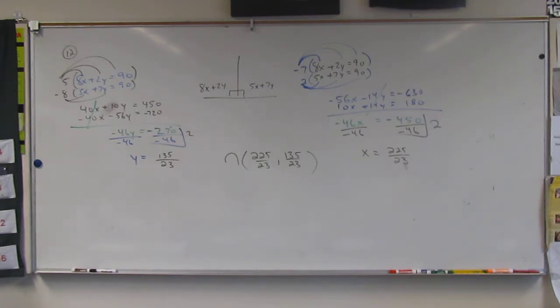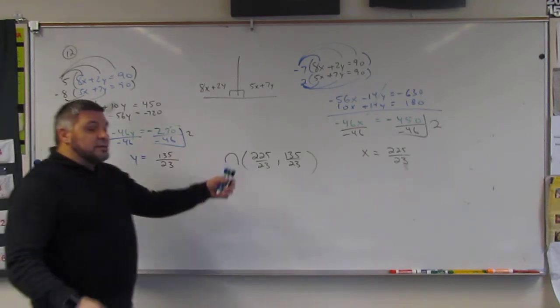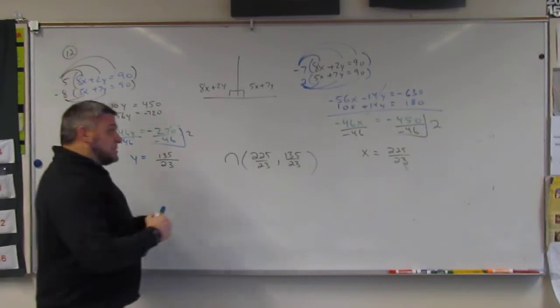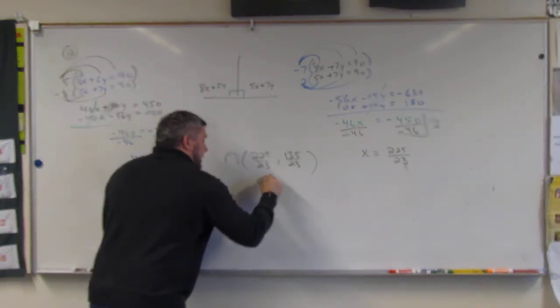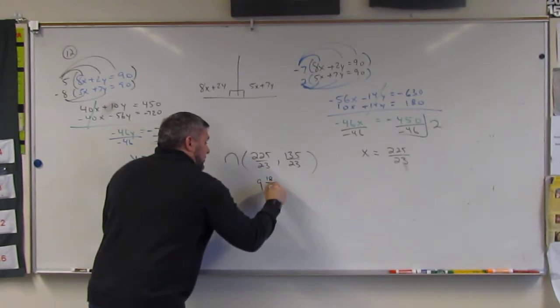Well, I know that 25 goes into 225, right? What would that be? 4, 4, and 1. So that'd be 9 times, right? Minus 9 twos. So that'd be 18, right? So it'd be 9 and 18 over 23.